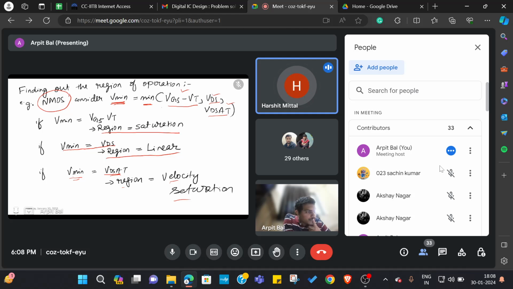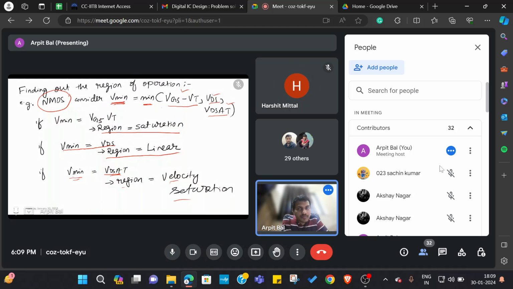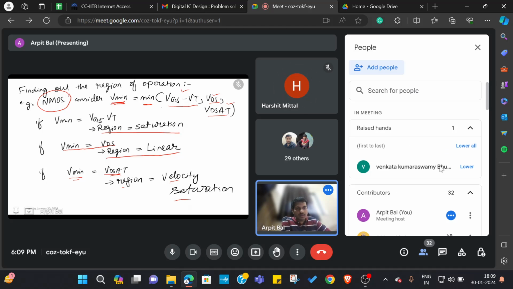If VDS is greater than VGS minus VT, but VDS is less than VDS sat, will the transistor remain in saturation? Sorry, can you repeat your question? Suppose VGS minus VT is 1 volt, VDS is 2 volts and VDS sat is 3 volts. Will it be in saturation or not? Yes, it will be in saturation. Okay, sir.